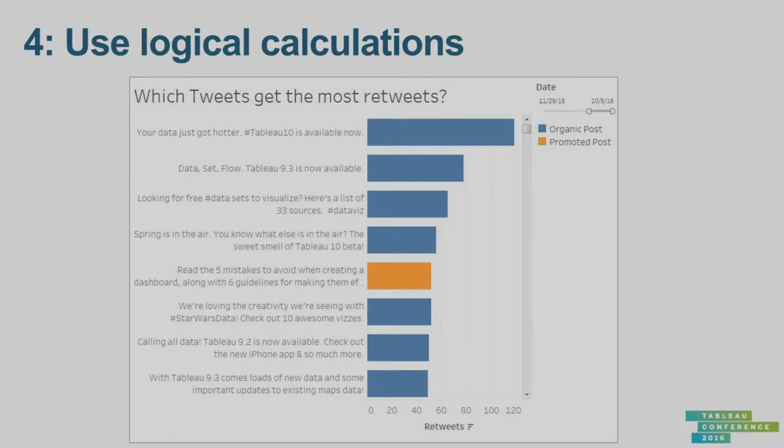If we're looking at Twitter data and we want to see our top performing posts, we always want to very quickly be able to see if a post was promoted versus organic. With a logical calculation, we can tell Tableau how to recognize if a post is organic or not, so that we don't have to manually categorize that data. Now, especially for the logical calculations, text, and date, we'll be doing this very in depth in Tableau.